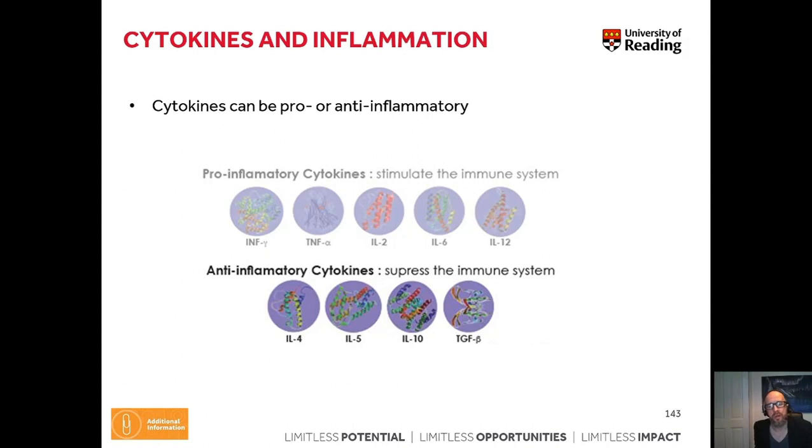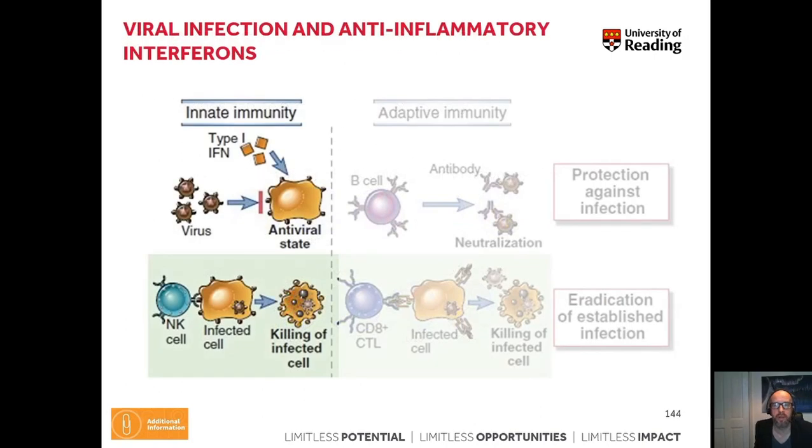In addition to those, there are also anti-inflammatory cytokines that suppress the immune system, including interleukin 4, 5, 10, and TGF-beta. So, how do interferons affect the immune system? Interferons are actually extremely important in letting the system know that there is a viral infection going on.